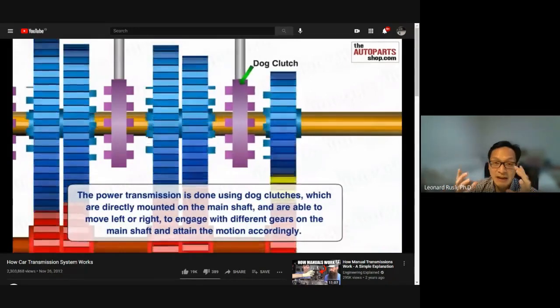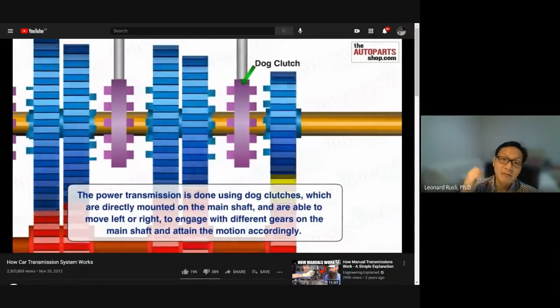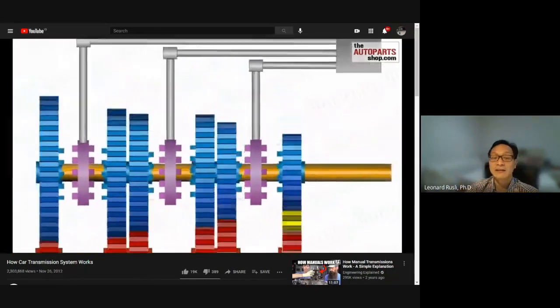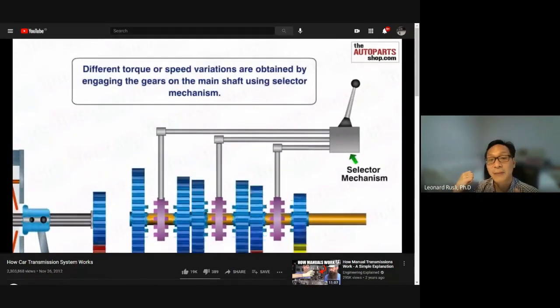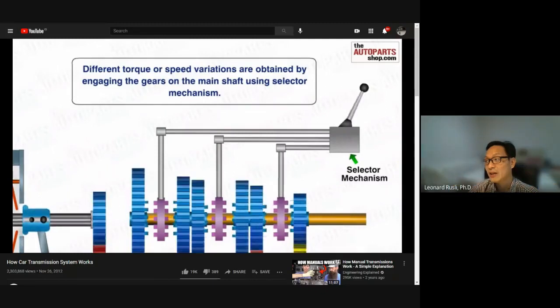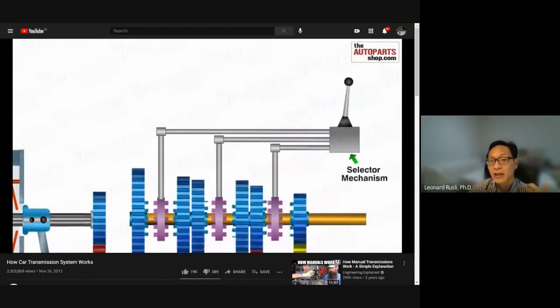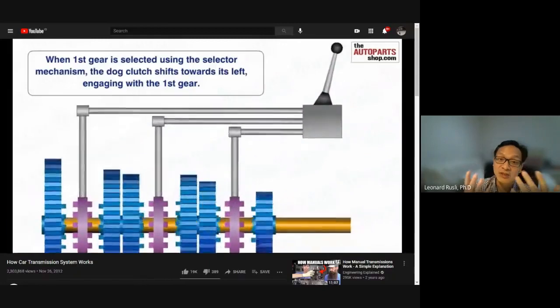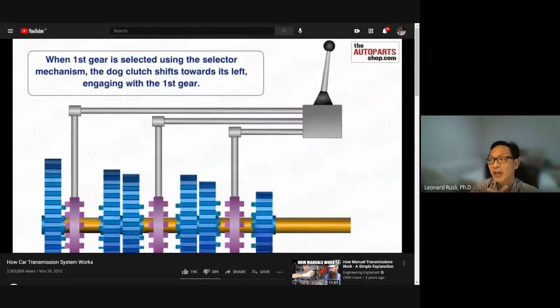Kalau misalnya depannya gede, belakangnya kecil, berat. Artinya torque yang nyampe ke belakang kecil, tapi kalian dapat speed. So depending on whether you need a lot of torque or a lot of speed, that's what the transmission does. It does the manipulation.